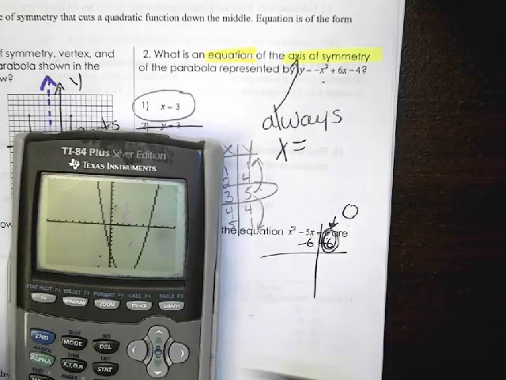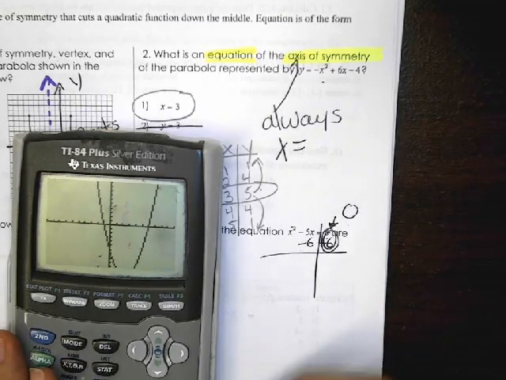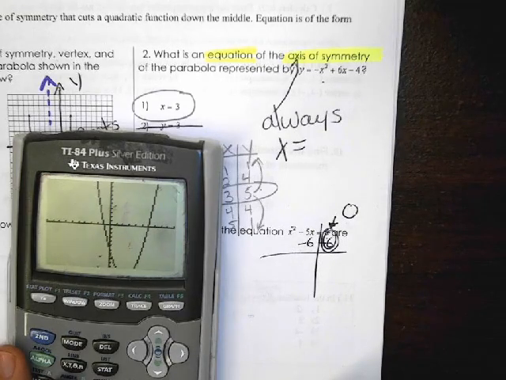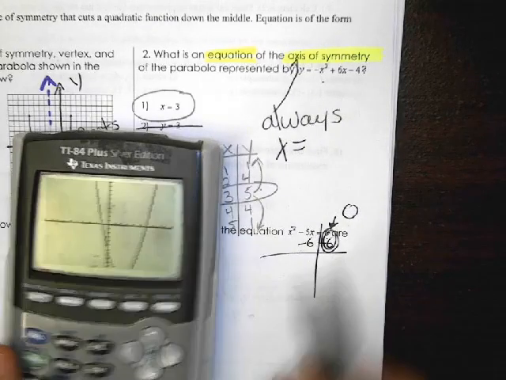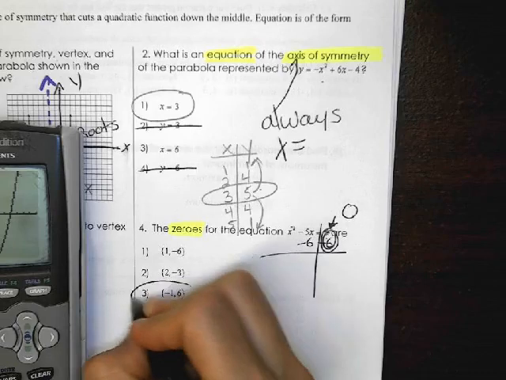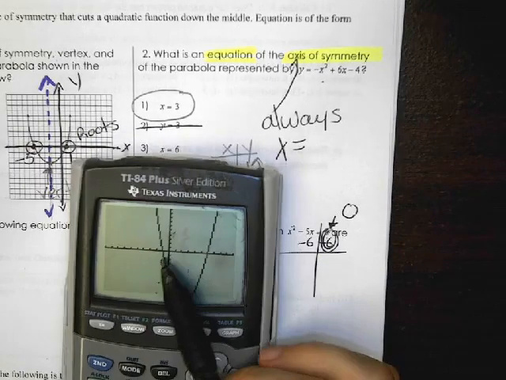Well, it's on the screen. You can't just guess, because I know that your calculator was messed up, but 1, negative 6. Close. That's not 1. Negative 1, 6. Negative 1 is here.